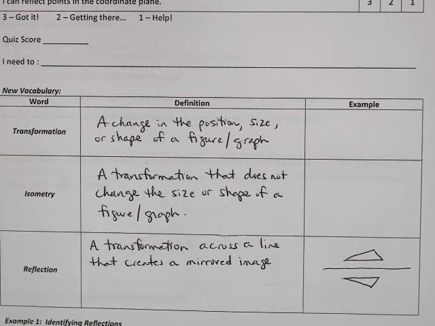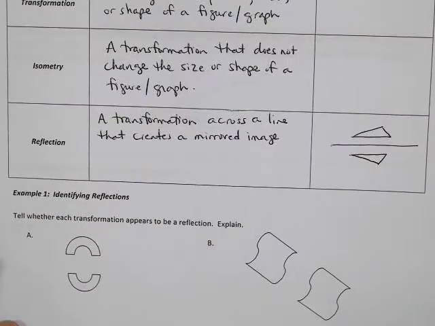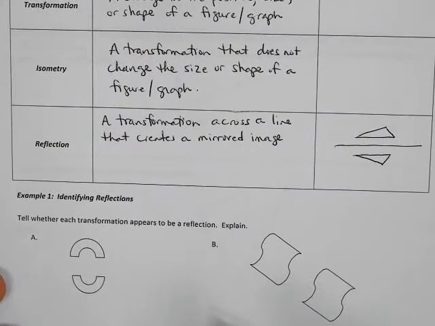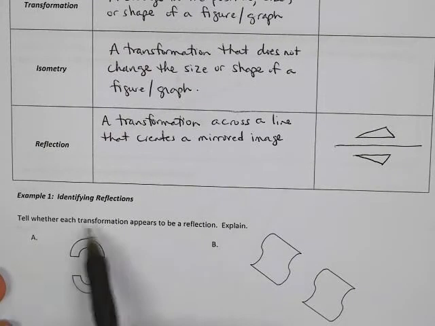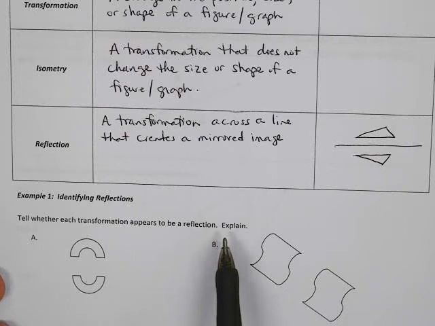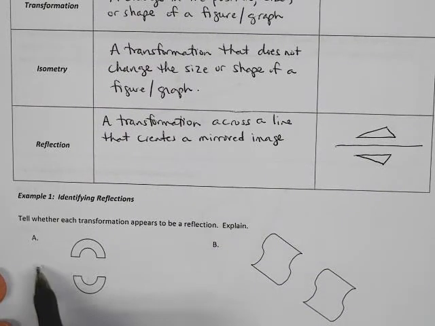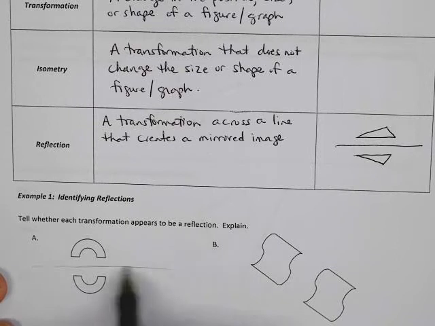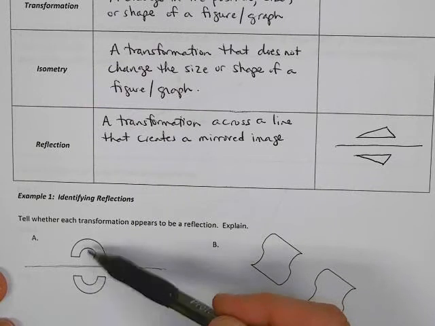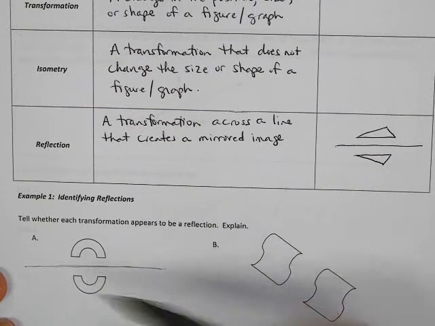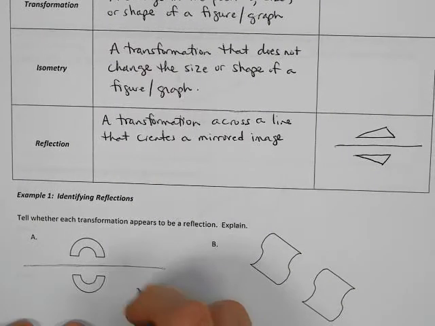All right, so if you look below on identifying reflections, we did a little bit of this in the previous chapter. Tell whether each transformation appears to be a reflection. So you should be looking to see whether you could draw that line of reflection in and picture the mirrored image. So I hope this first one's pretty easy, right? If I put a line in there, you should see that these are mirrored images of each other. I'm going to put yes here.